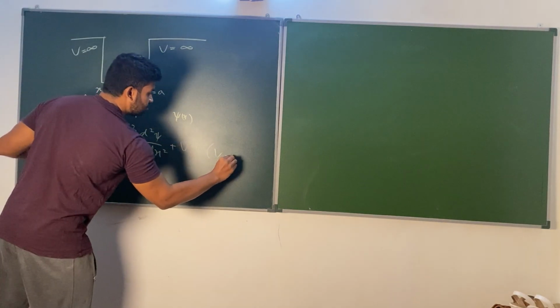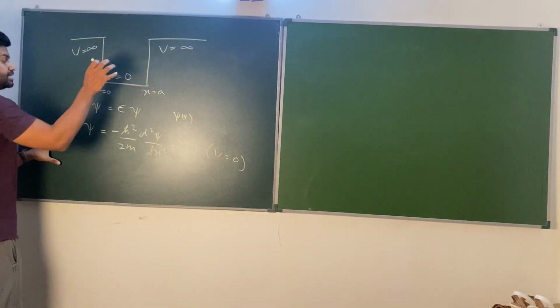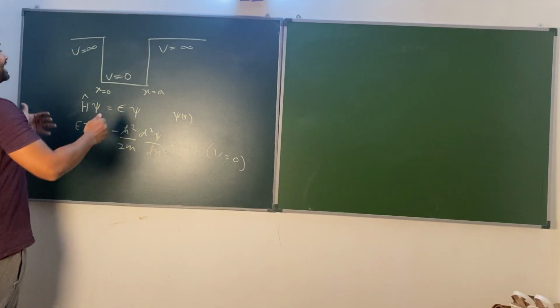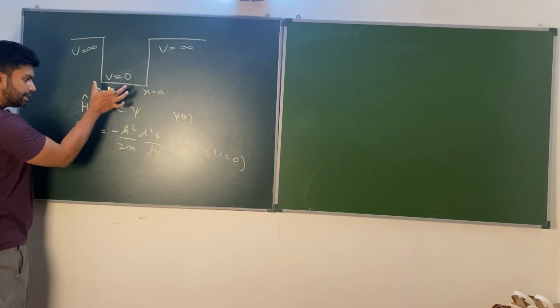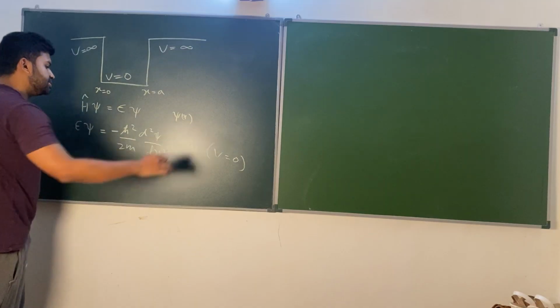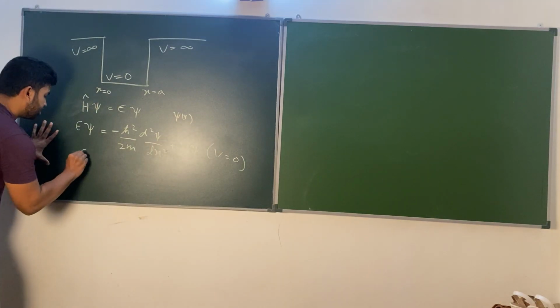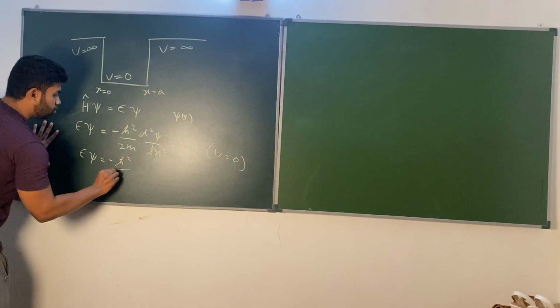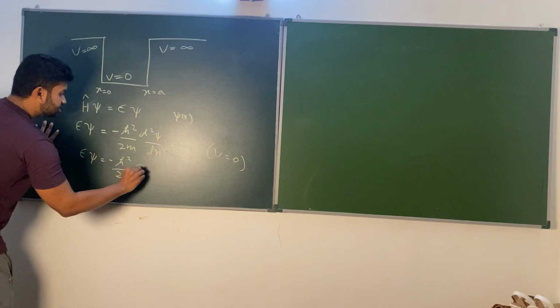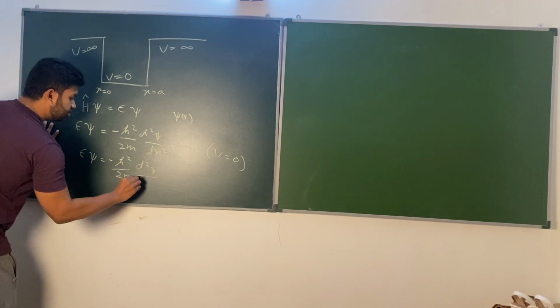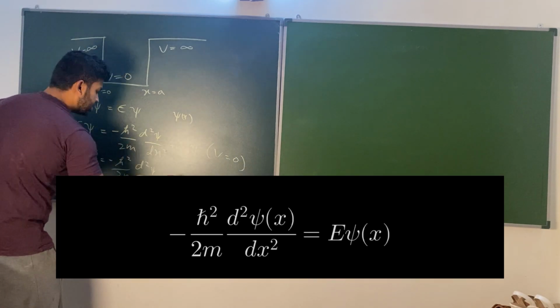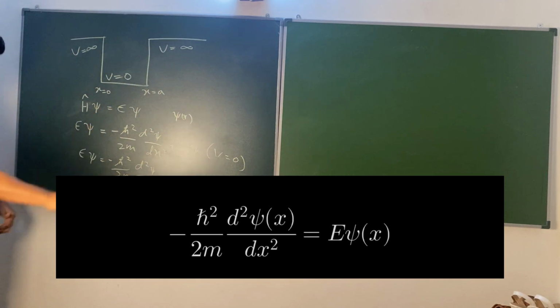So V is equal to 0, because in this region it's not a free particle, but a particle which is contained in this region. Therefore V would be 0. So I can now straight away write that E psi is equal to minus h bar squared over 2m d squared psi over dx squared, and that's all. Here now this part is 0.